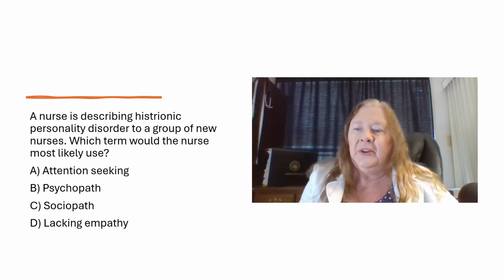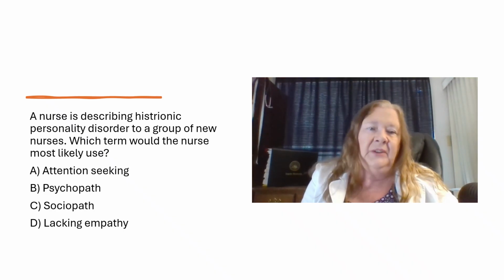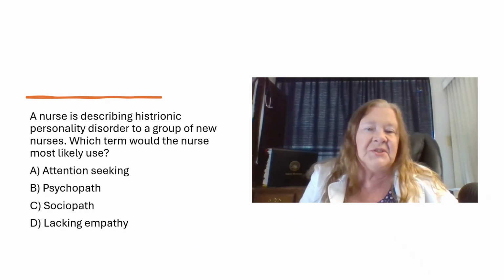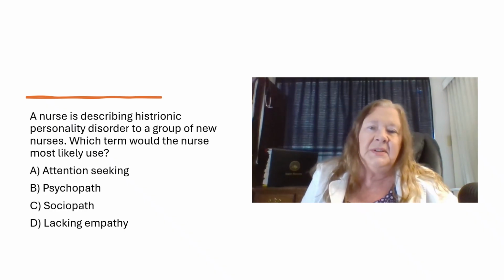Those are the people that are not following the rules. A lot of people in jails have antisocial personality disorders. And lacking empathy suggests the characteristic of a narcissistic personality disorder: lacking empathy, feeling superior above others.